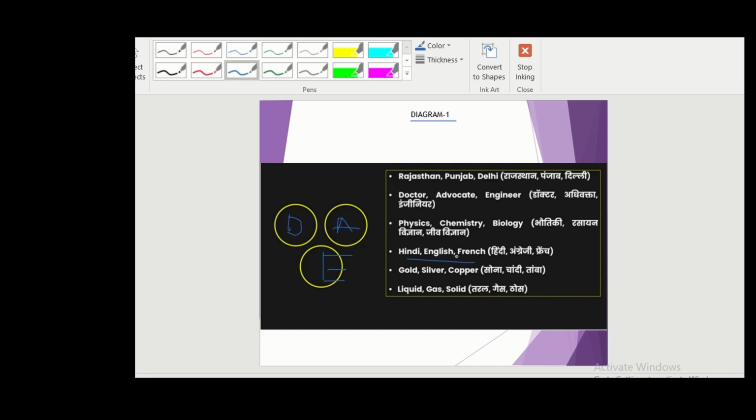They are completely different things, I mean, different languages. Gold, silver, copper. The doctor, advocate, and engineer is a little bit arguable, but in this part, I believe you can understand that gold, silver, and copper are totally other things, I mean, other materials. So this is diagram 1.